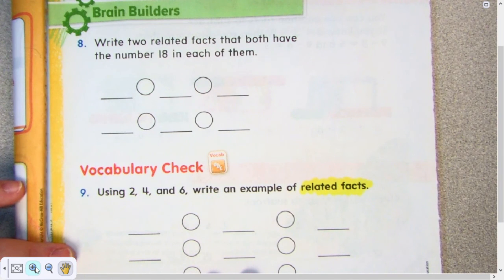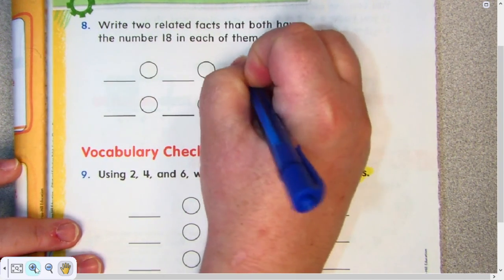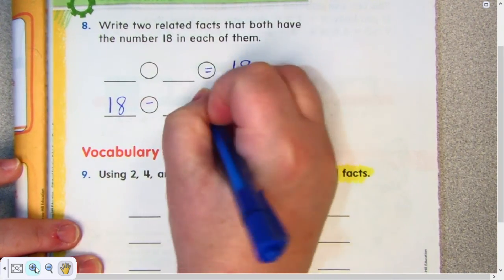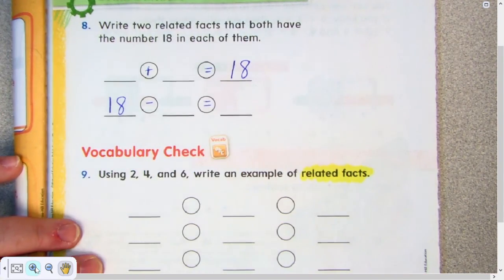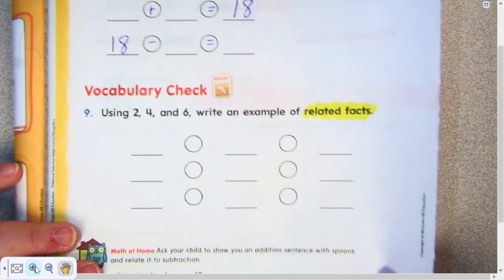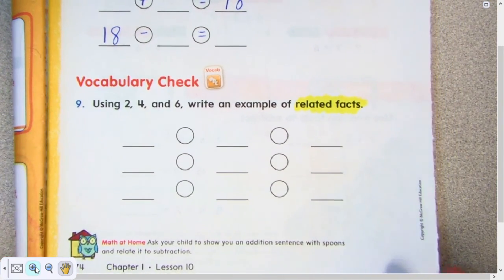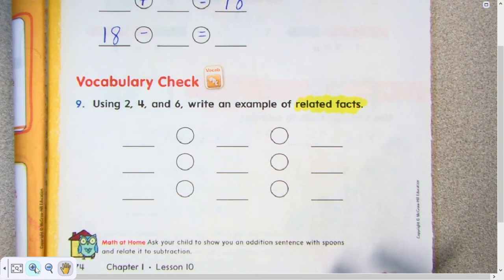On number 8, it says use 2 related facts that both have the number 18 in each one of them. So we know it's going to end in an 18, and we know it's going to start with an 18. You got it? I helped you out there a little bit. Oh, look here. I didn't even realize it. I used the 2, 6, and 8 on my example, and it was part of this. Guess what? I pretty well already gave you this answer, didn't I?